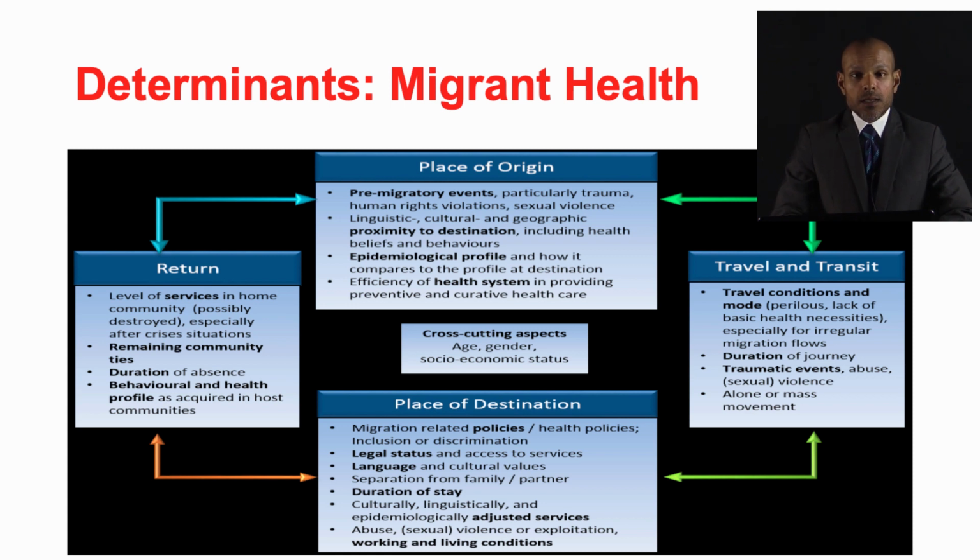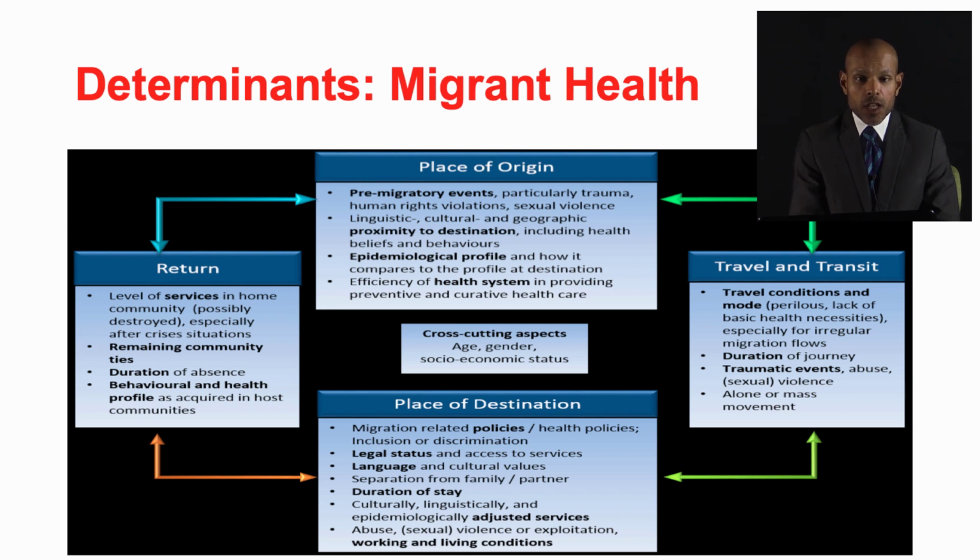And for the most part, migrants have the option to return, refugees a bit less, unless there are social, cultural, and political changes occurring at the place of origin. The return may also have some health implications.